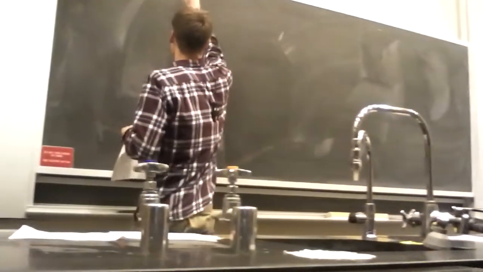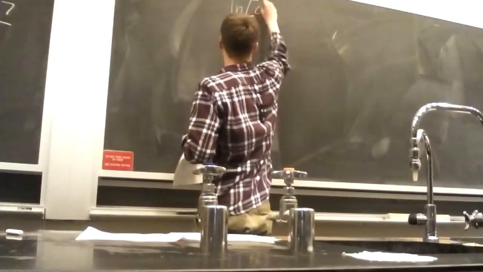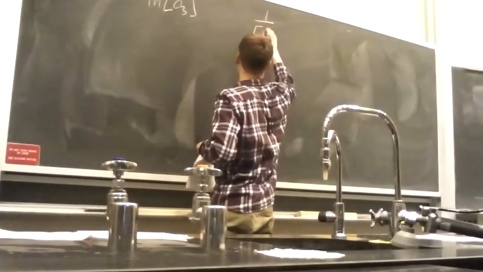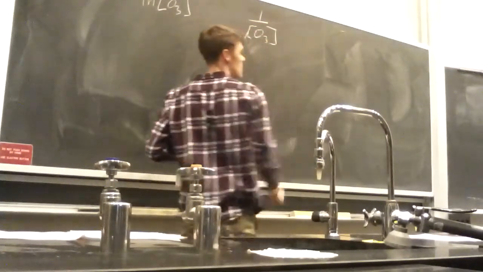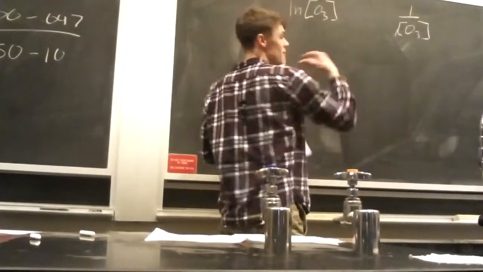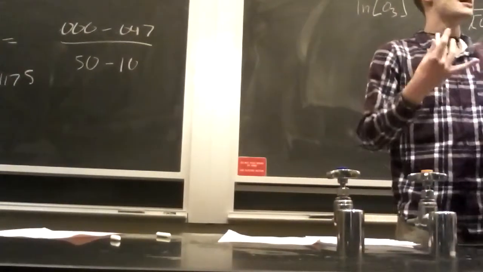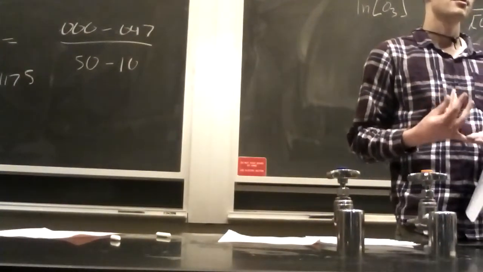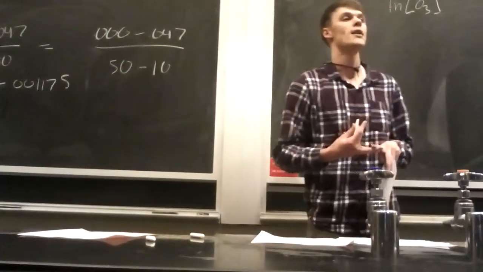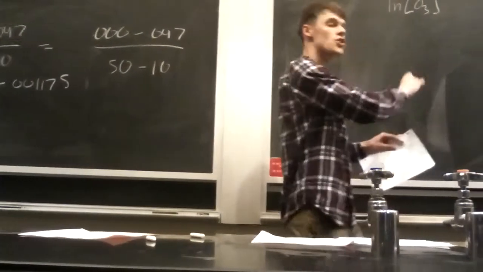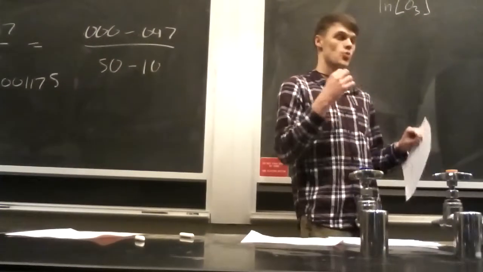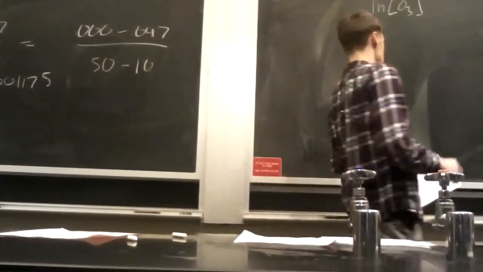is we determine, so it gives us the concentrations, and then we take the natural log of the concentrations, and we take the inverse of the concentrations. And depending on what function we apply, whichever one makes a straight line will tell us what order the reaction is.